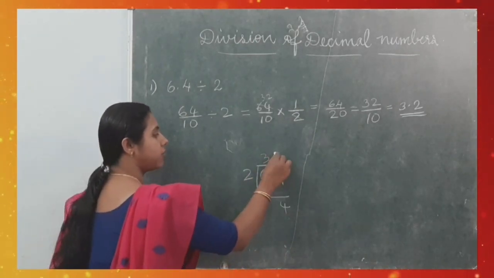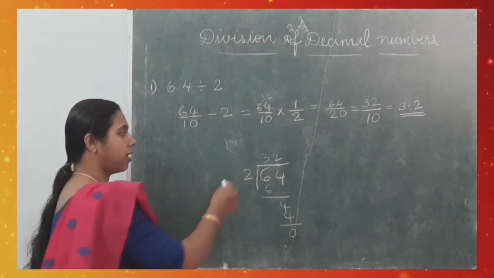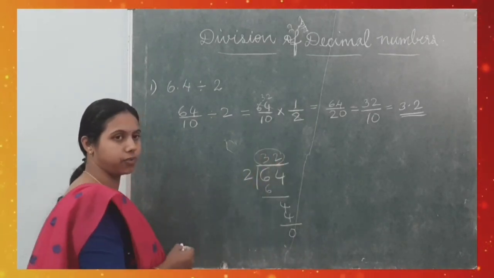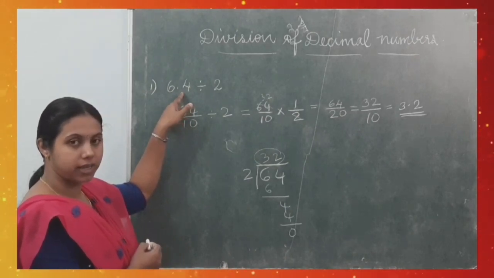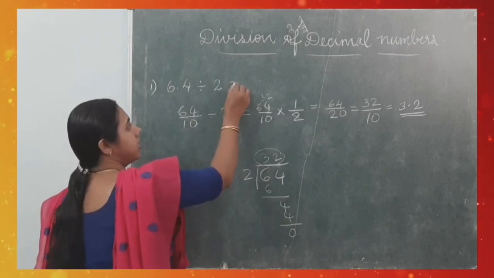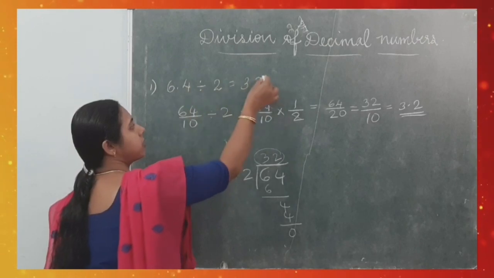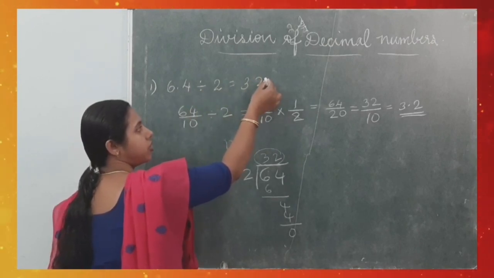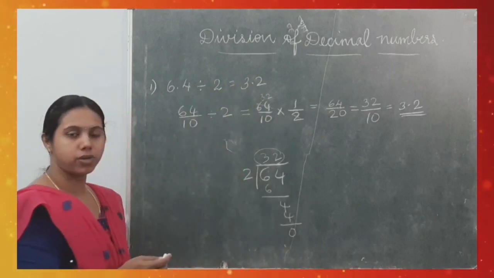Then 2 2s are 4, remainder 0. Now the quotient is 32. How many decimal places in the question? There is only one decimal place. That much you put in the quotient. One decimal place, so start from the rightmost digit and put one decimal point. So the answer is 3.2.